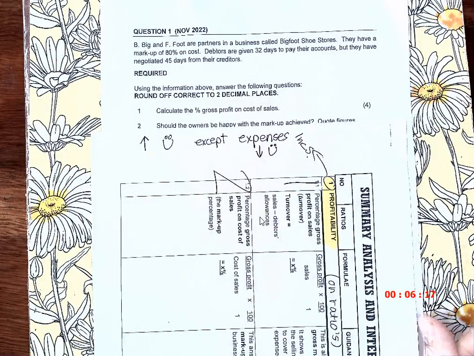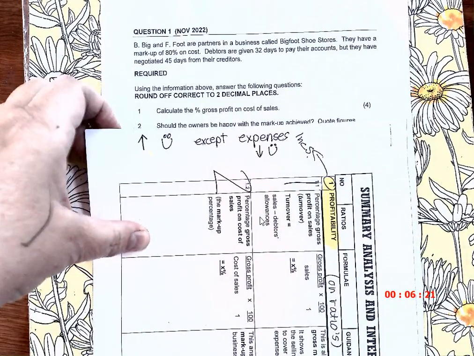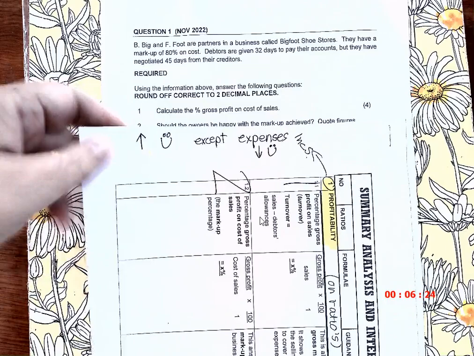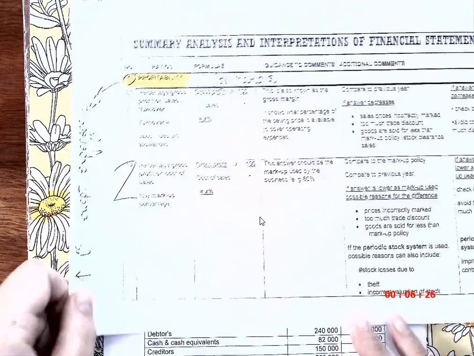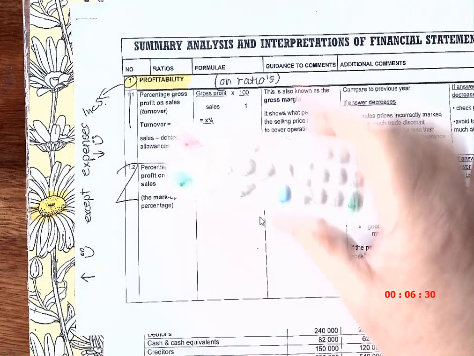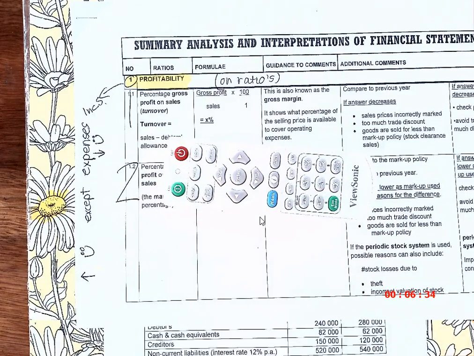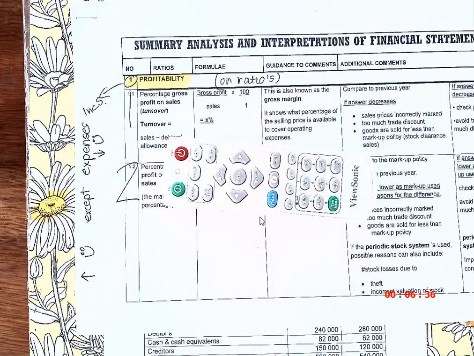Now, let me explain this "on" ratio, because they are for sure going to give you a lot of marks. The "on" ratio is literally this. Quickly look what I'm doing. I'm putting this remote on the table. Which one is on top? The remote or the table? The remote.